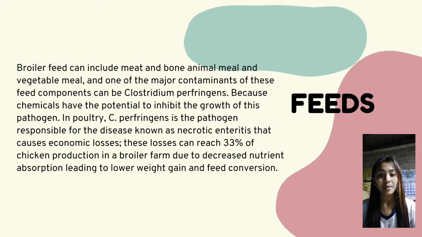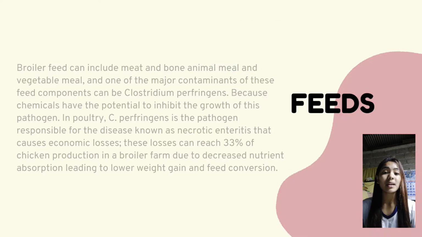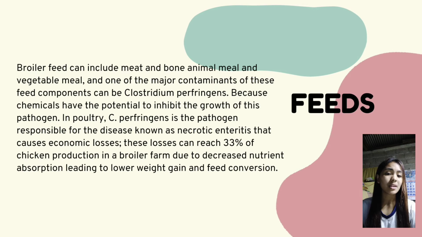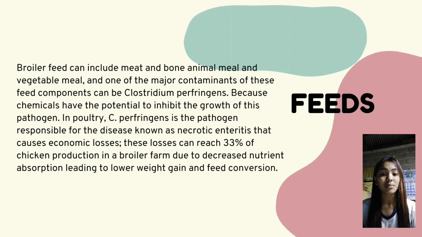In poultry, Clostridium perfringens is the pathogen responsible for the disease known as necrotic enteritis that causes economic losses. These losses can reach 33% of chicken production in a broiler farm due to decreased nutrient absorption, leading to lower weight gain and feed conversion.